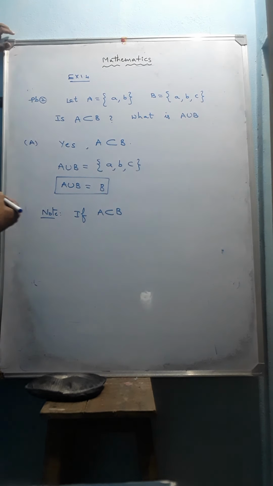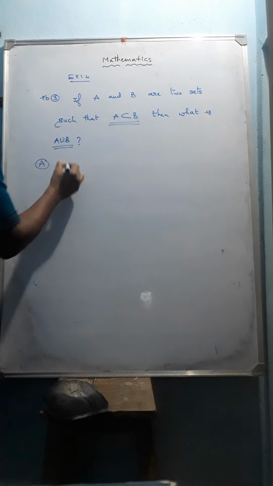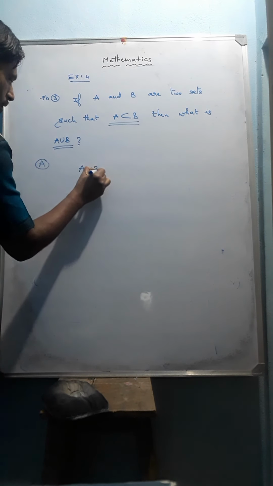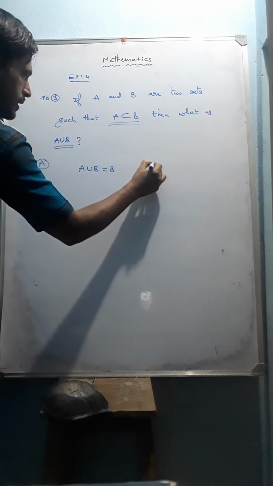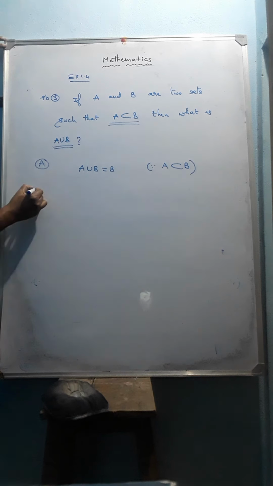Okay, we have seen this in problem number 2. So if A is a subset of B, then A union B is equal to B, since A is a subset of B. Next, problem number 4.